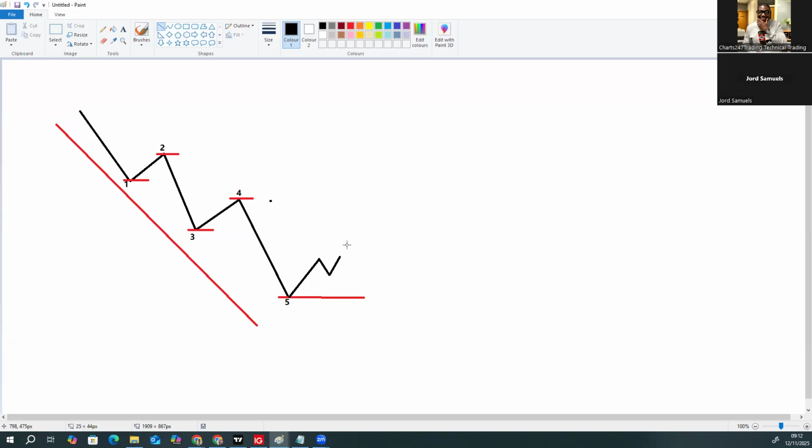The pullback against the trend like this is not a trend change. That is a reversal. All these key points here, 4, 2, they are what we call the last posted high, because they are key levels, okay? Price will likely come to one of those two to form a move.